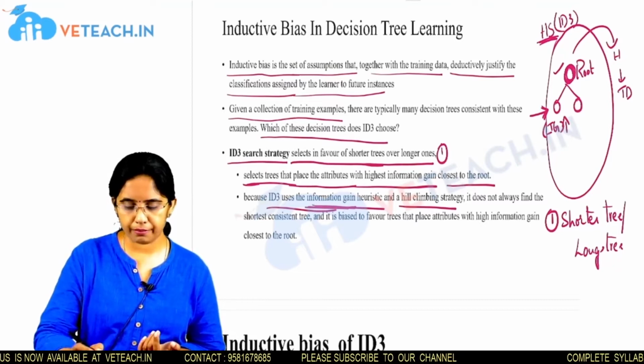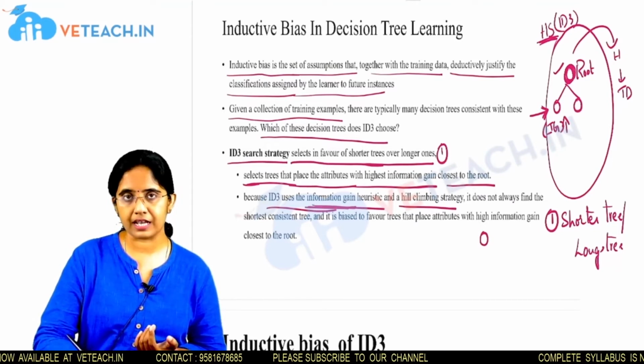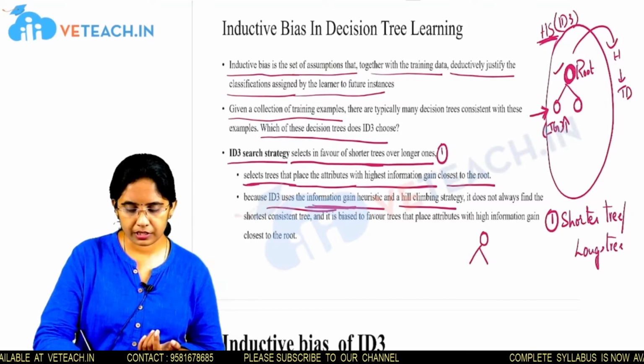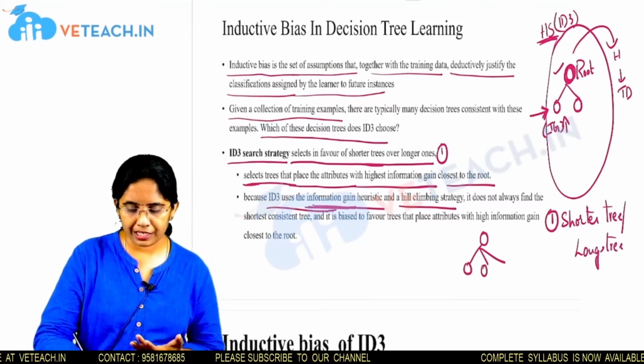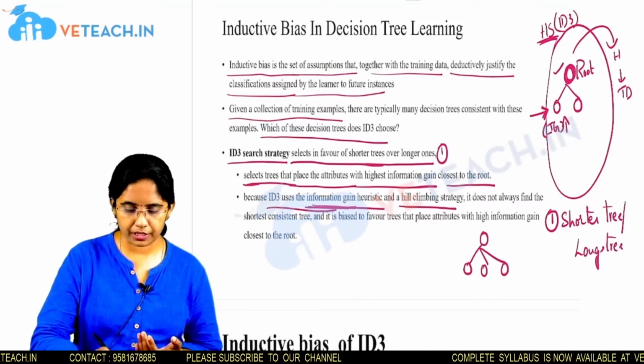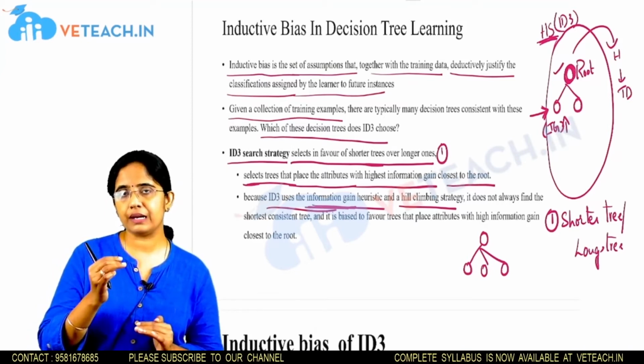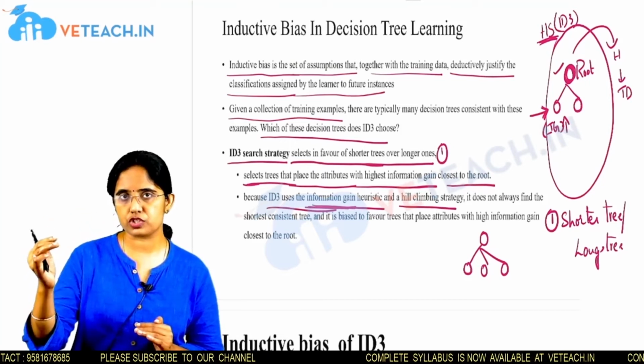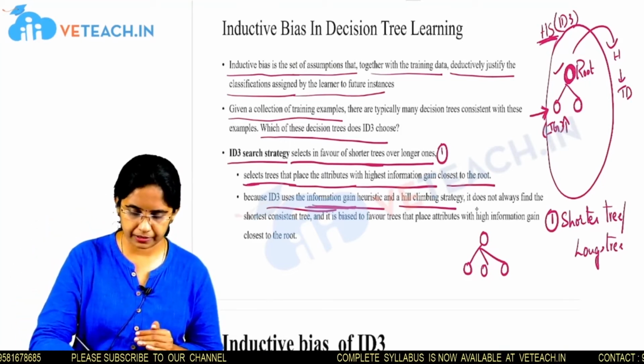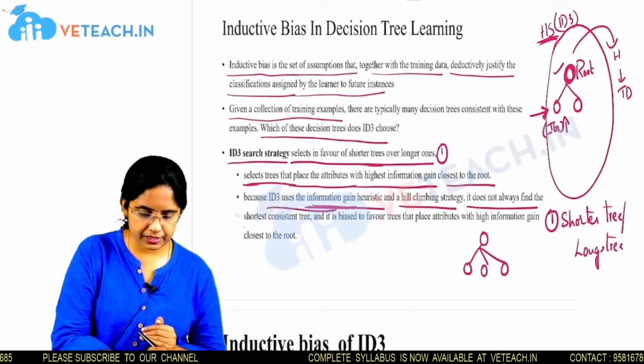What is meant by hill climbing strategy? Starting with nothing and slowly elaborating your decision tree. We start with zero, but after some time we construct a tree which almost fits your training data set. It does not always find the shortest consistent tree.